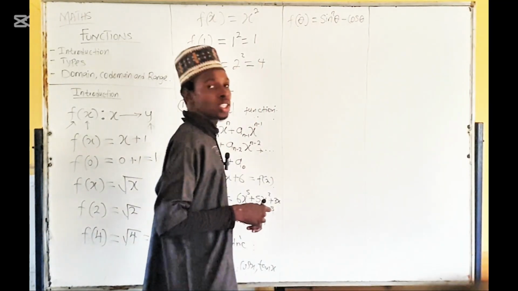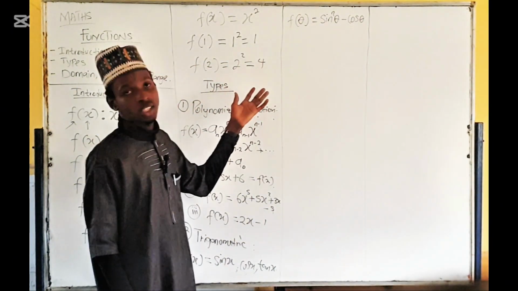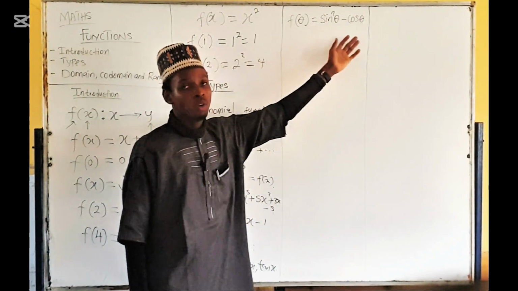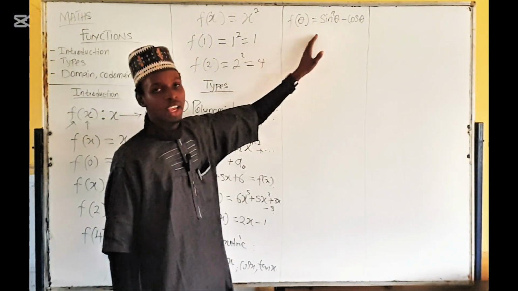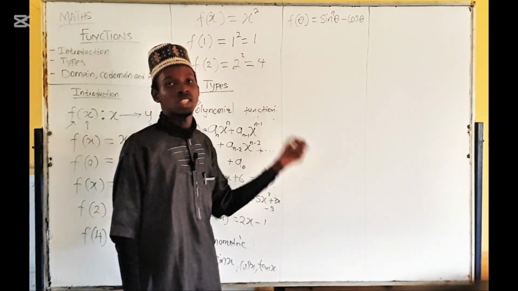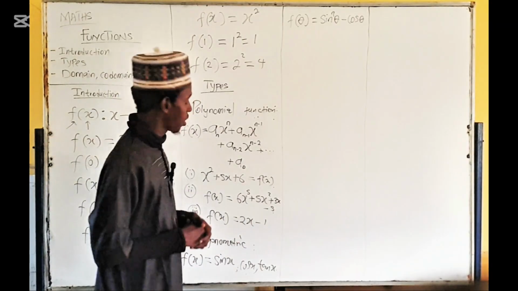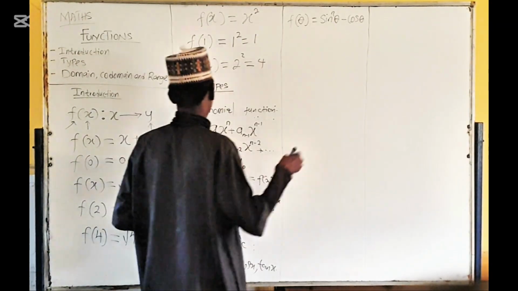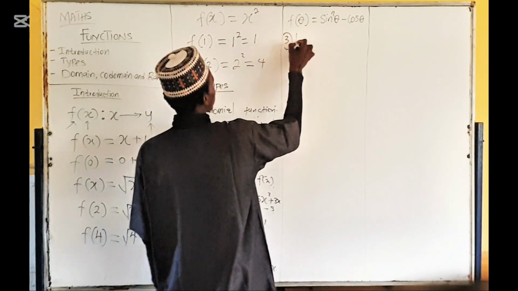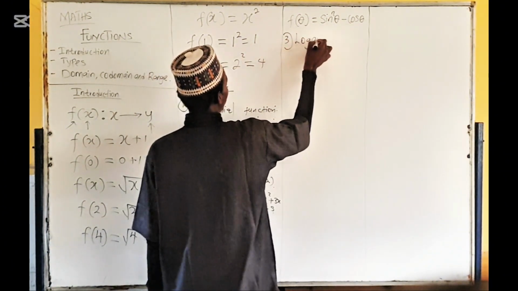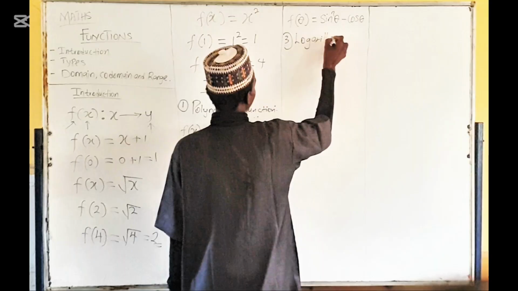Of course, this one is a trigonometric function, yes, because it has sine, cos, or tan. I hope we understand. And all the examples which resemble this are all what? Trigonometric functions.